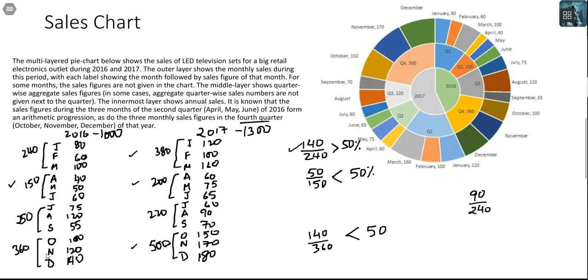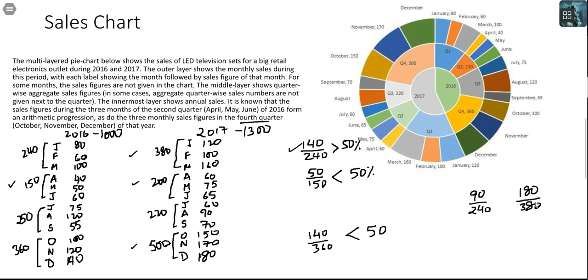From 2016 quarter 4 to 2017 quarter 1, there is not even a decrease, there is an increase, so don't care about it. From 2017 quarter 1 to 2017 quarter 2, the decrease is of 180 on a base of 380. And in quarter 4 2017, there is not even a decrease, so don't care about it.